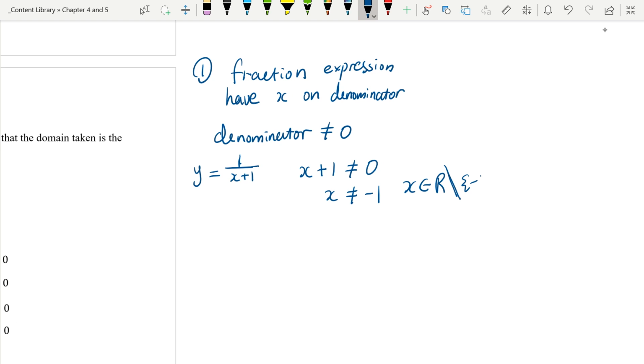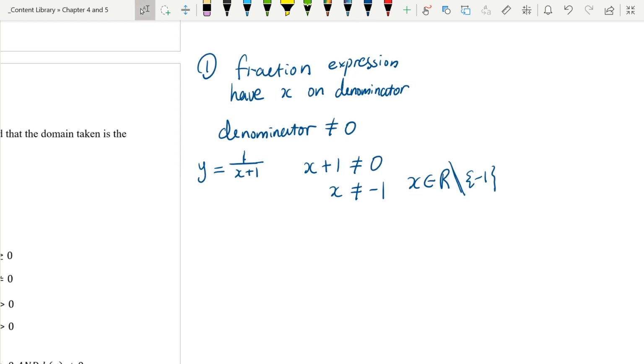It's in the first set, but not in the second set. So -1 can't be there. We get rid of -1 from the first set, basically getting rid of the thing from the second half. So I take -1 out from R. It can be the elements in the first set, but can't be the elements in the second set. Overall, it just takes out -1 in this case. That's how we write the set notation here.